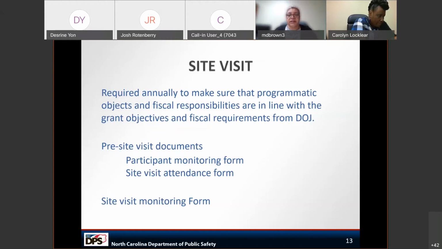I know in the plenary, someone asked the question, how do we see your systems without looking at personal identifying information of your clients and your survivors that you're providing services for? That is easily done with you giving us screenshots and blacking out, redacting the information so that we don't see that personally identifying information, but we do see that you have systems in place in order to meet your goals and objectives.